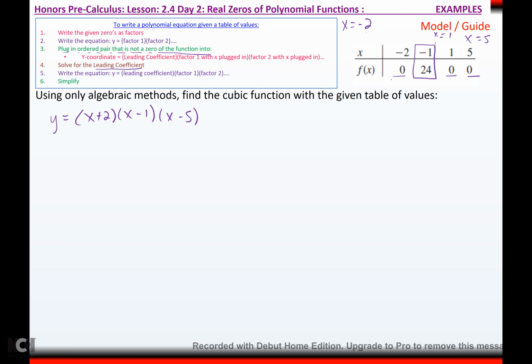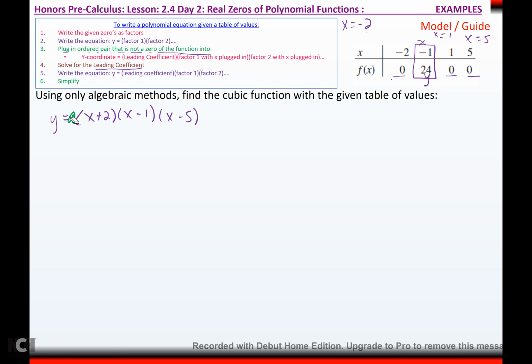Okay, see how they're giving me an x and a y ordered pair? This -1 is my x, this 24 is my y. So everywhere I see a y, I'm going to put 24, and I have to put my leading coefficient. I don't know it, but that's where it's going to go.